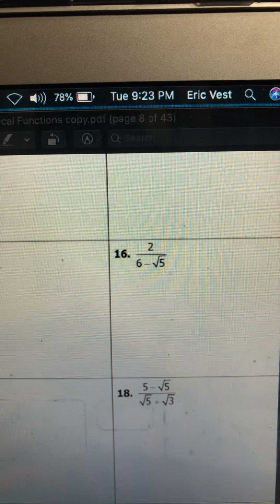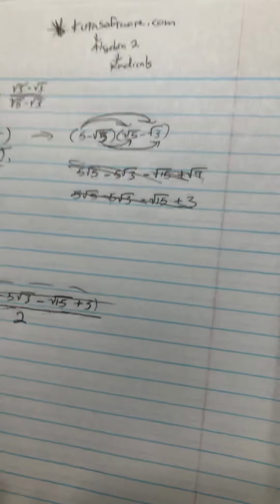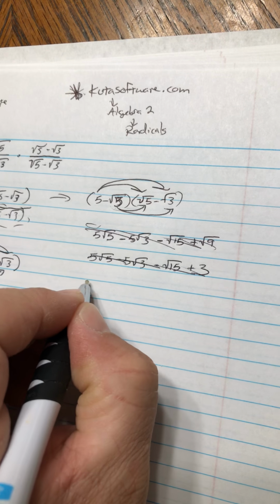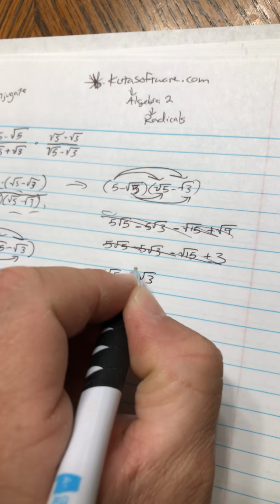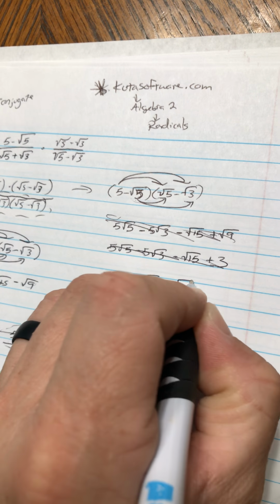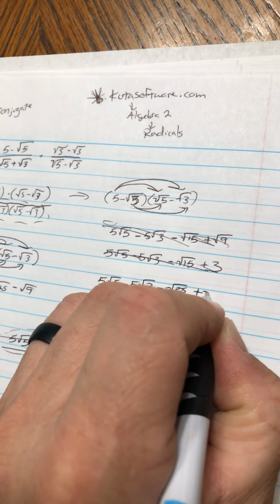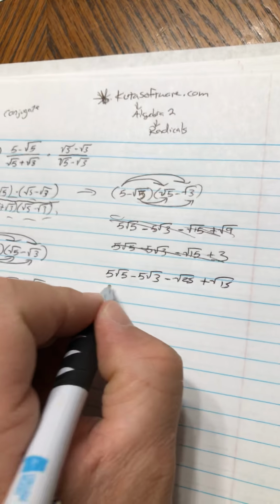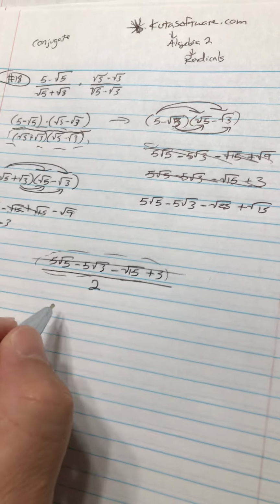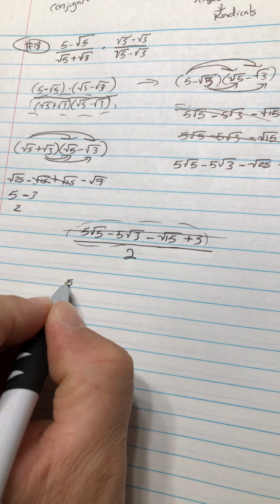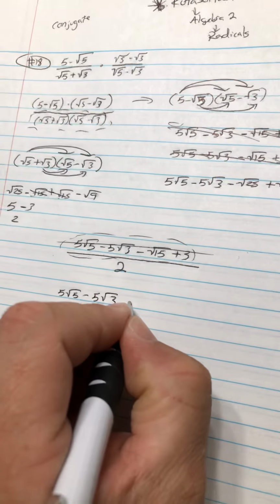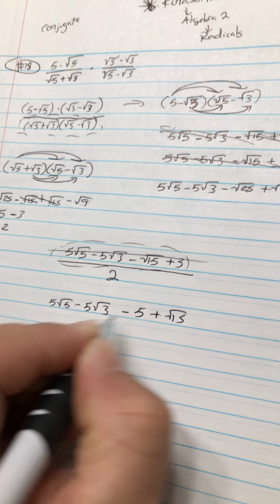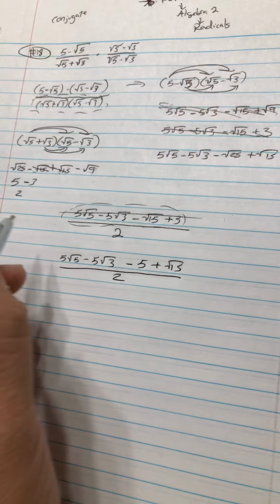That's what happens when you're working at 9:23 at night after a long, eventful day. So 5 radical 5 minus 5 radical 3 minus square root of 25 plus square root of 15. So that top part should be, I'm just going to rewrite that: 5 radical 5 minus 5 radical 3 minus 5 plus square root of 15, all over 2.